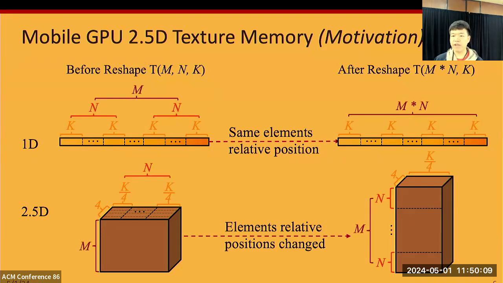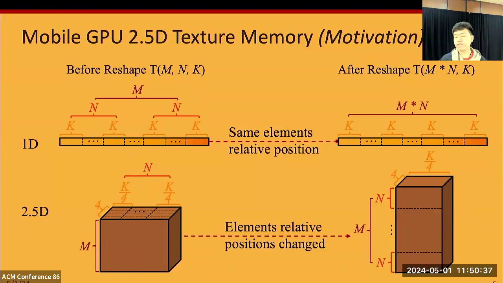Besides the 1 dimension, we have the height dimension and also the depth dimension, which is a fixed number of 4. That is why we call it 2.5D memory. The benefit of 2.5D memory compared to 1-dimensional memory is that it has much higher bandwidth, and it's also much faster.